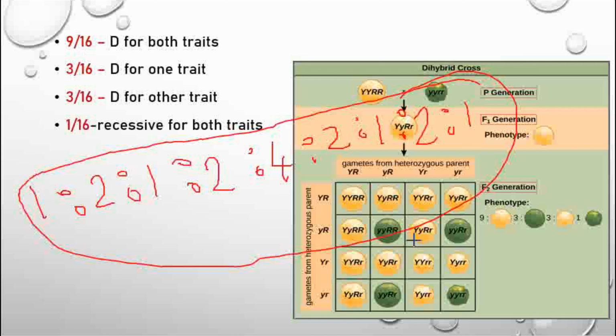What is the genotypic difference? Capital R, small y, capital R. So you can write the genotype as 1 capital R, capital R, small y, small y, and 2 capital R, small r, small y, small y. This is how they write the genotypic ratio.